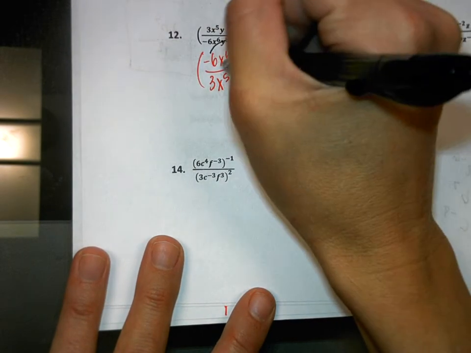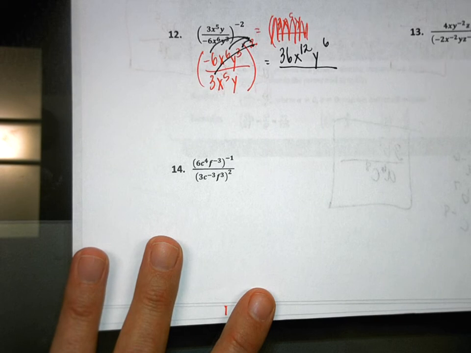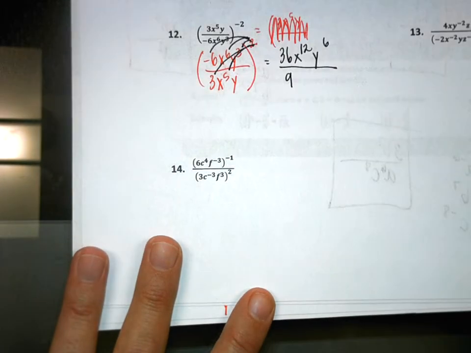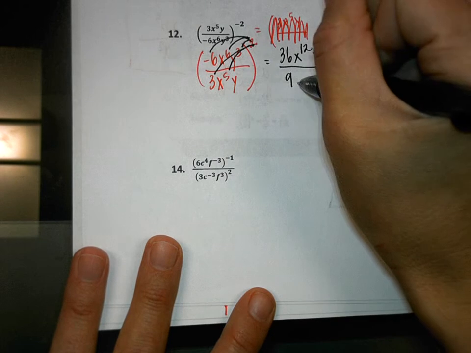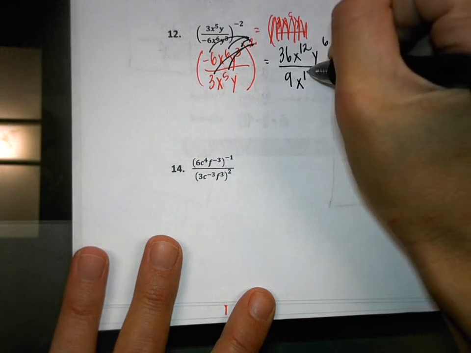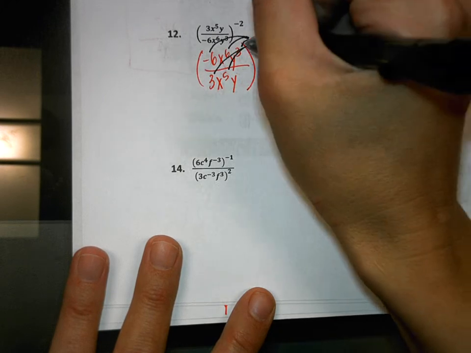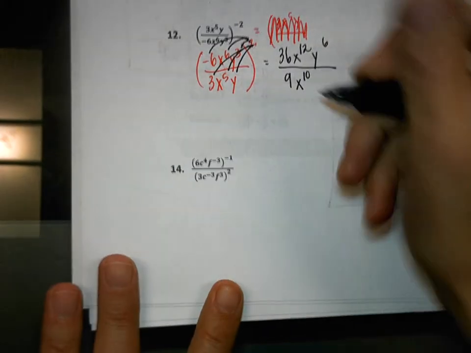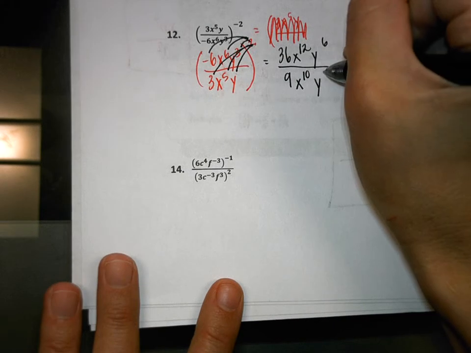We get 3 to the 2nd is 9. Okay? X to the 5 times 2 makes 10. Not a trick question. Okay. And then this one will be y to the 2nd. And you could write a 1 there, and 1 times 2 still gives you 2.